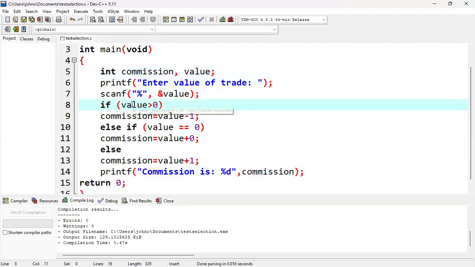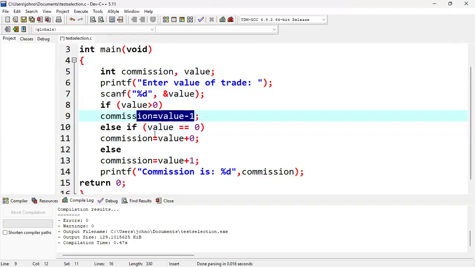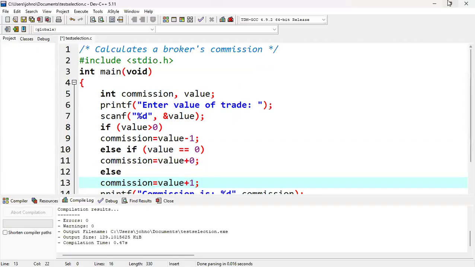Check if the value is greater than 0, and so we subtract 1 from it. If the value is equal to 0, we do nothing. If the value is less than 0, we add 1. All right.